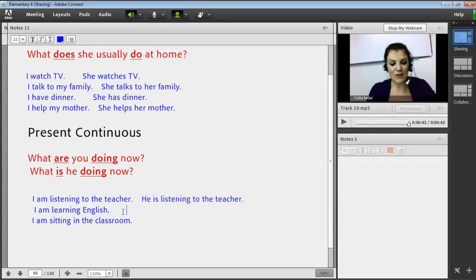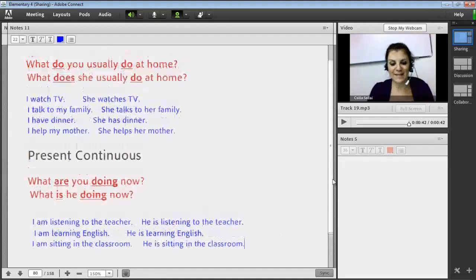I am learning English. What about him? He is learning English. That's right. And I am sitting in the classroom. He is sitting in the classroom. Good job.